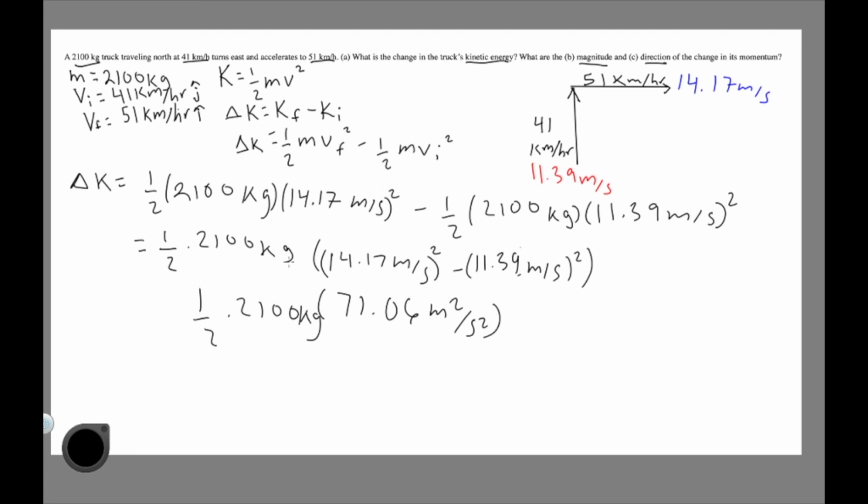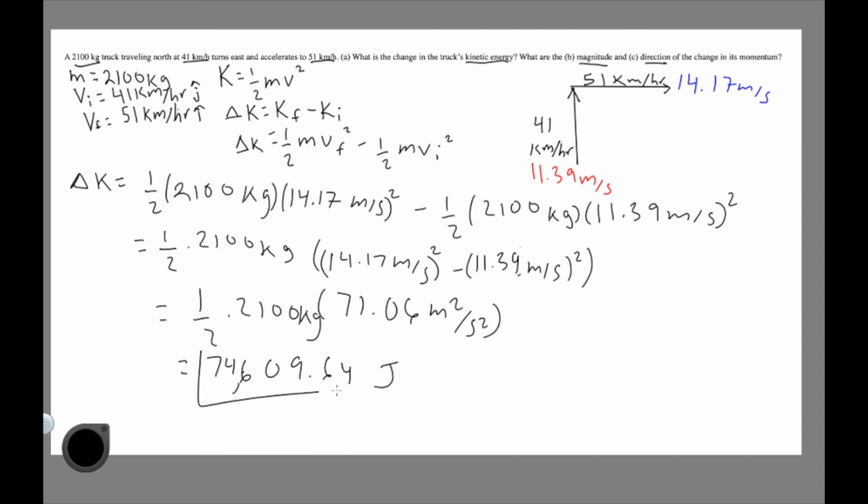So if we solve for delta K, we get 74,609.64 joules.